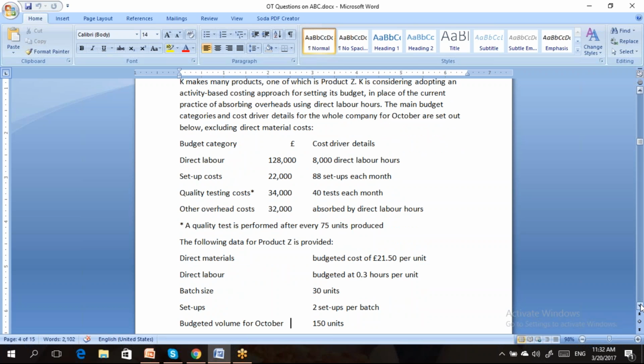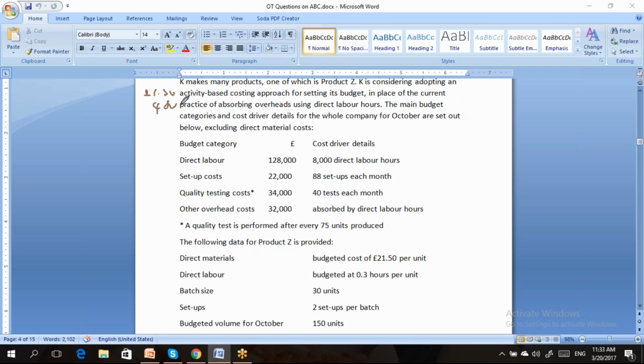Because of the budgeted volume. Yeah, and after that you are dividing it again. So it's all right, but it is unnecessary time. We can take the 2150 material cost straight away. 16 times 0.3 per unit we can take, since we have unit figures.